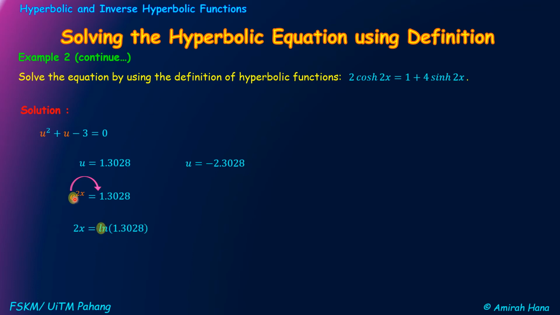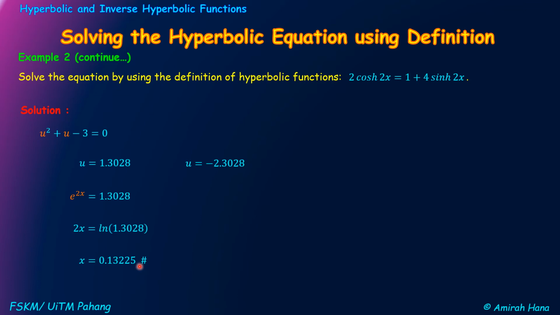So 2x equals ln 1.3028. Okay? And then x equals ln of this value over 2. Don't forget to divide by 2. Okay? So we get x equals 0.13225. Alright? So we take ln and divide by 2, and we get this value.